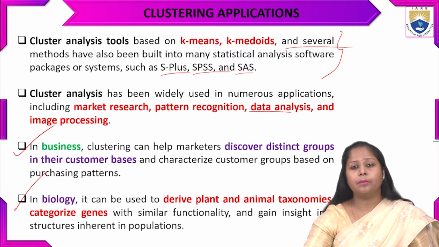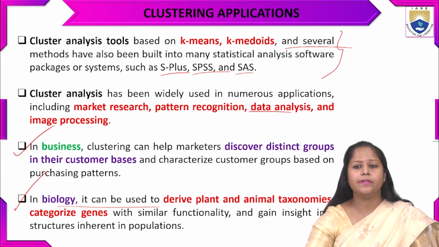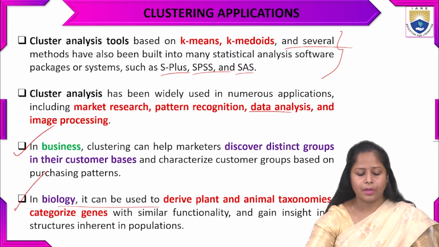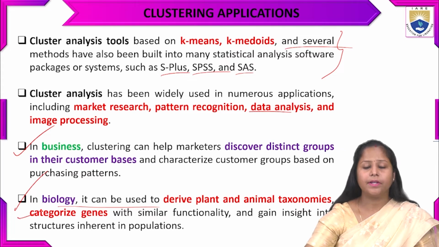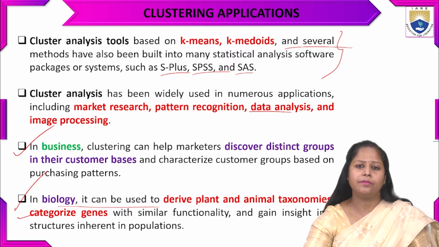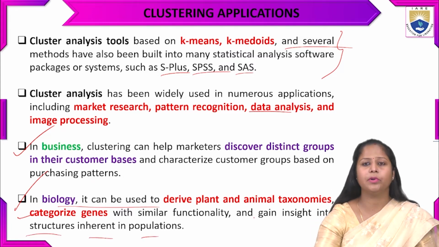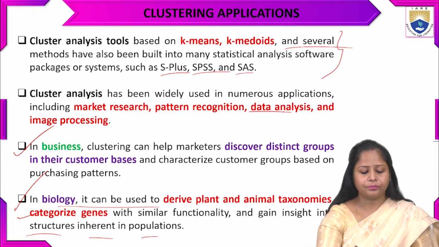In another example, in biology, clustering can be used to derive plant and animal taxonomies, to categorize different types of genes with similar functionality, and to gain insight into the structures inherent in populations.